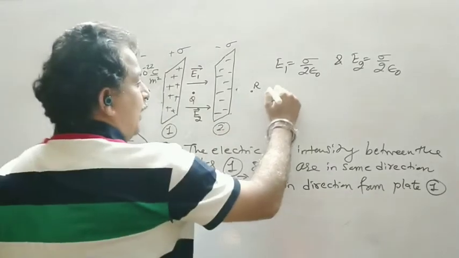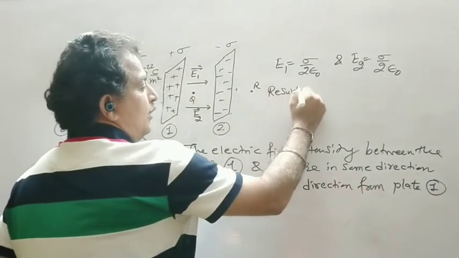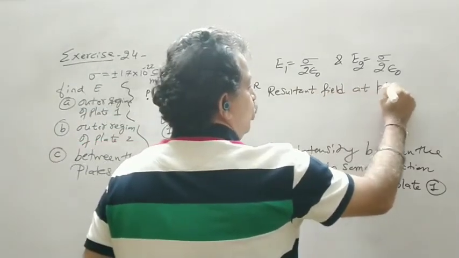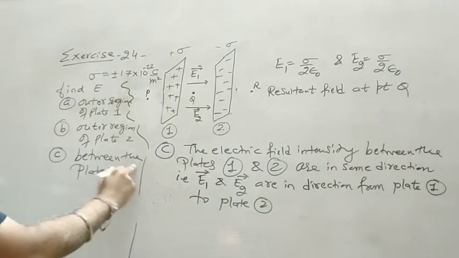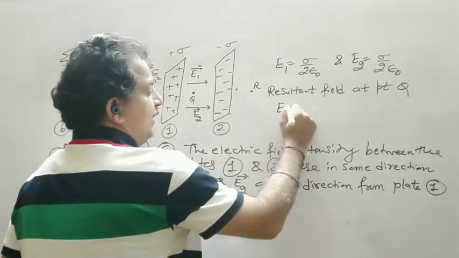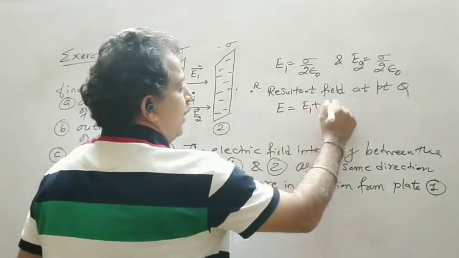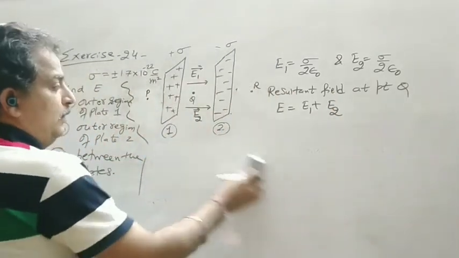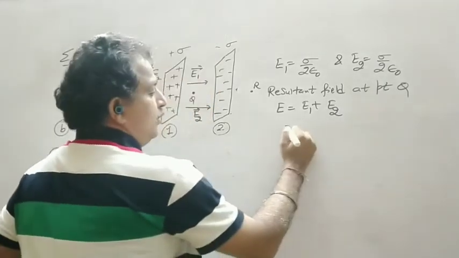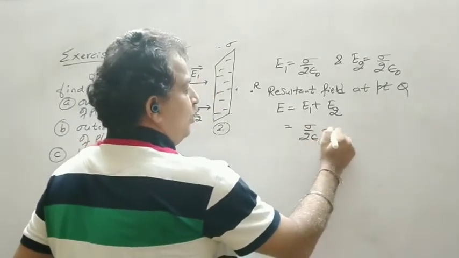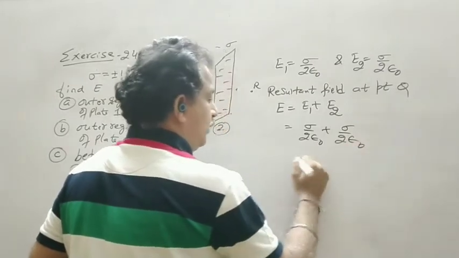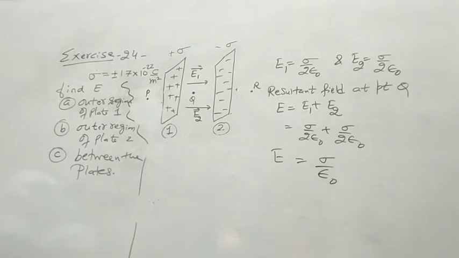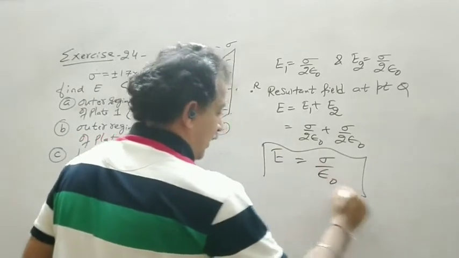So the resultant electric field intensity at point Q, or between the plates, E is equal to E1 plus E2. They have the same direction, so we simply add up. That is sigma upon 2 epsilon naught plus sigma upon 2 epsilon naught, that is sigma upon epsilon naught. So E is equal to sigma upon epsilon naught.